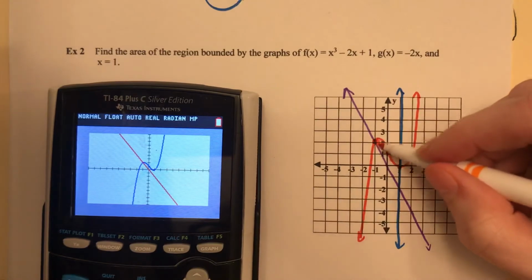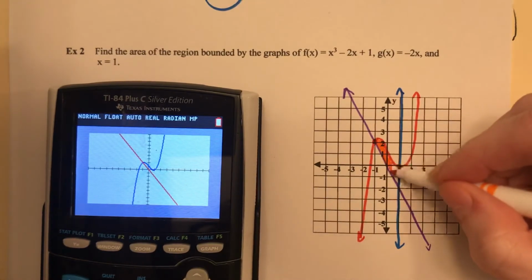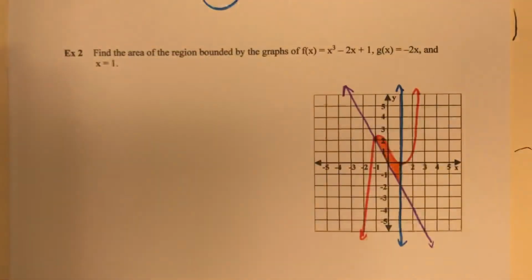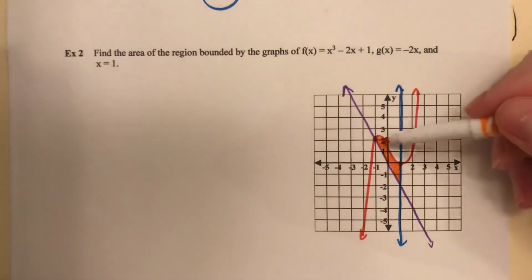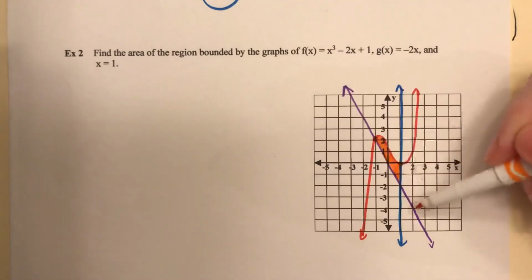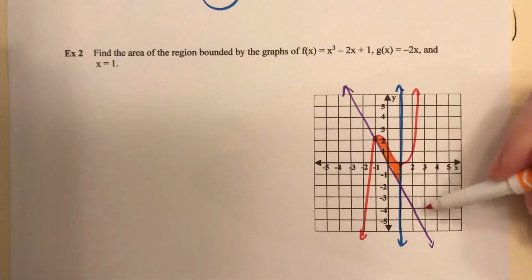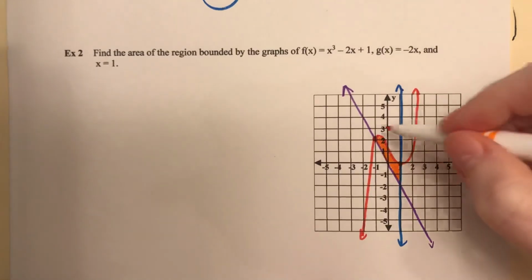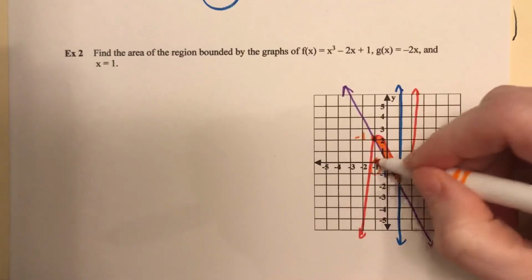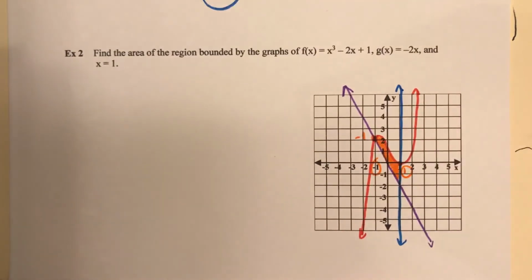So we're looking for this little region right in here. And I can clearly see that I have a top and a bottom. The top of this shaded region is the red line. The bottom is the purple line, and the blue line is just a boundary, so it's the right boundary. The left boundary is right here where these two lines cross. So we're going from -1 to 1 would be our boundaries.